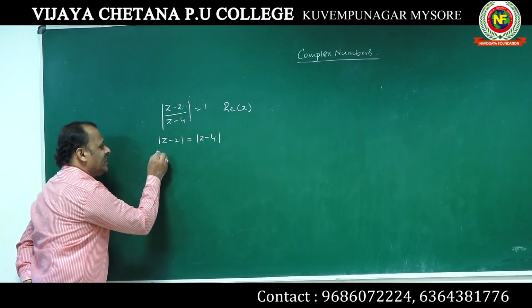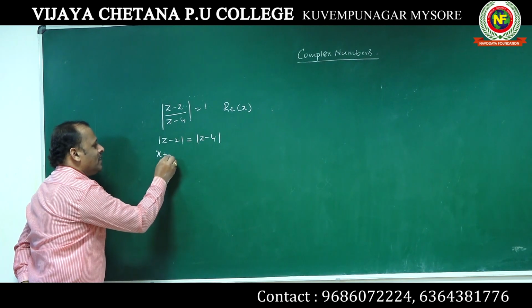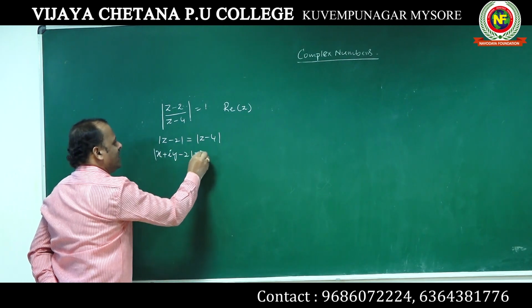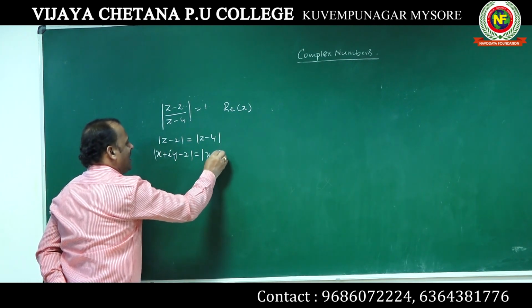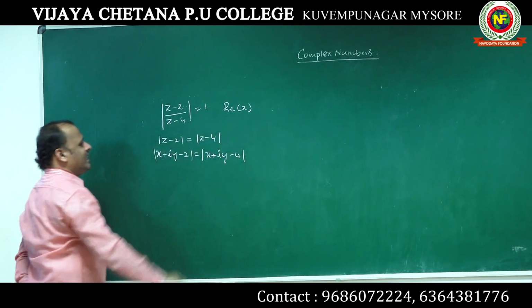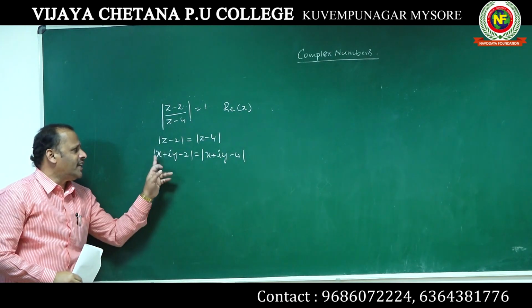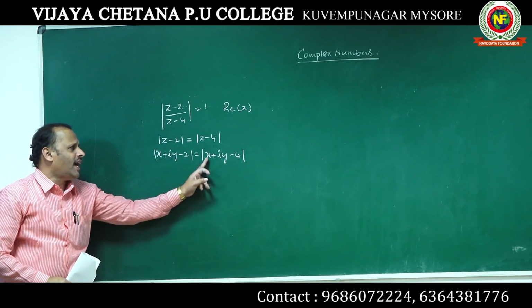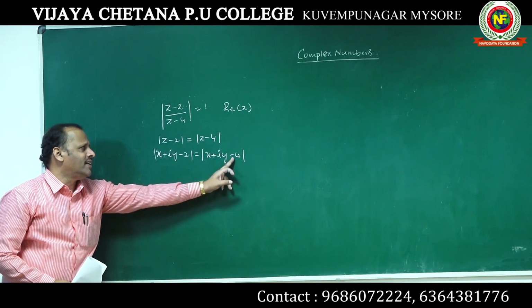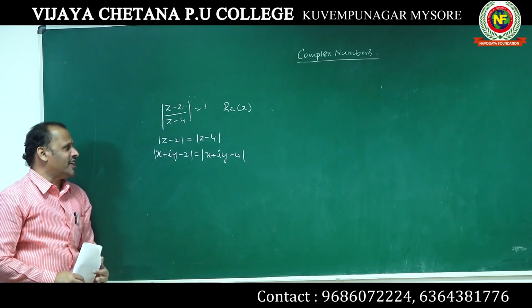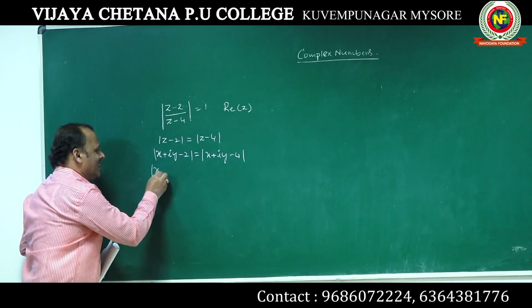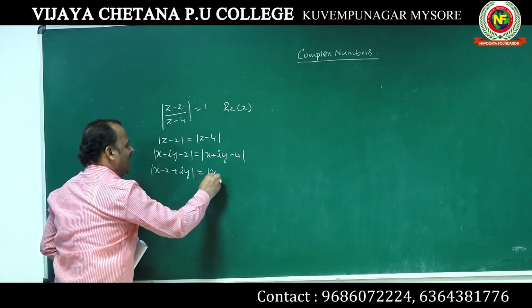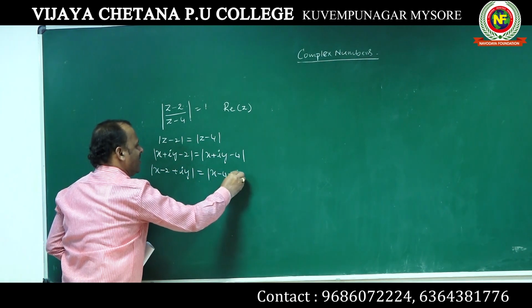Now here, this is x plus iy minus 2, and here x plus iy minus 4. So here x minus 2 is the real part, x minus 4 is the real part, and iy is the imaginary part. I take this as x minus 2 plus iy is equal to x minus 4 plus iy.